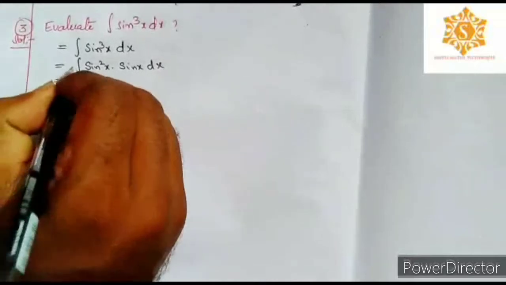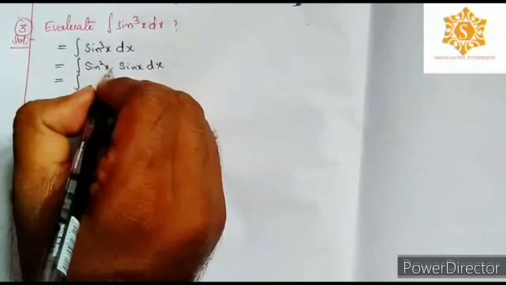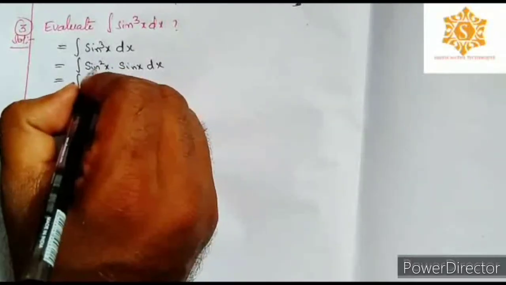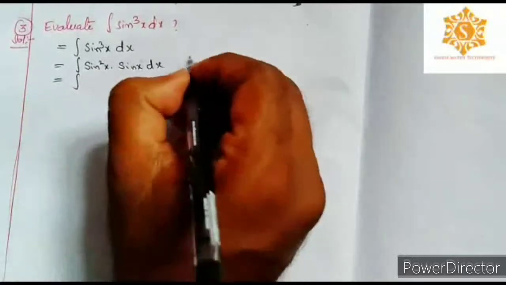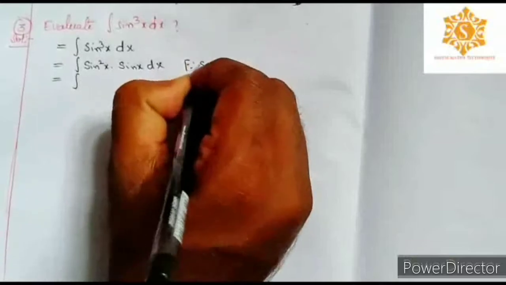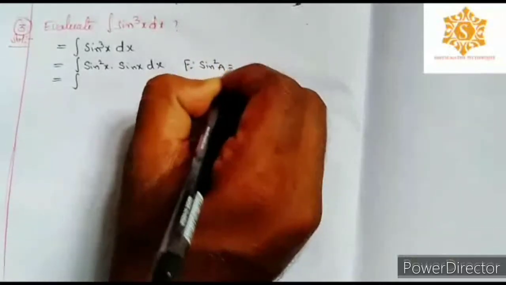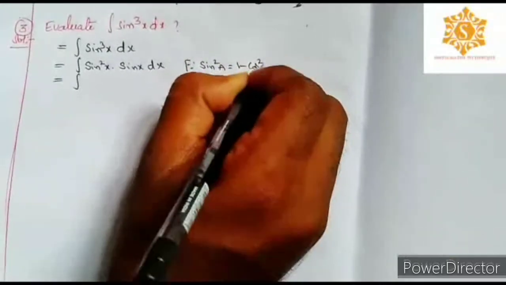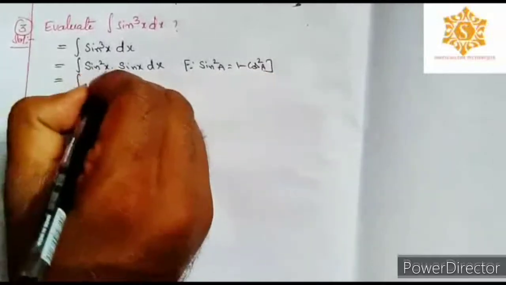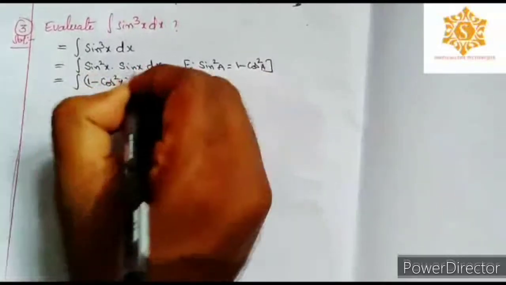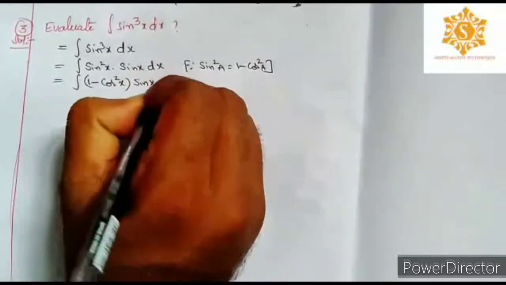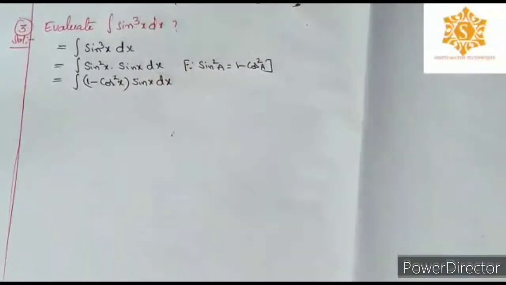So we know that you can write sin x in terms of cos x, that is sin square a equals to 1 minus cos square a. Using this formula you can write sin square x as 1 minus cos square x into sin x dx.